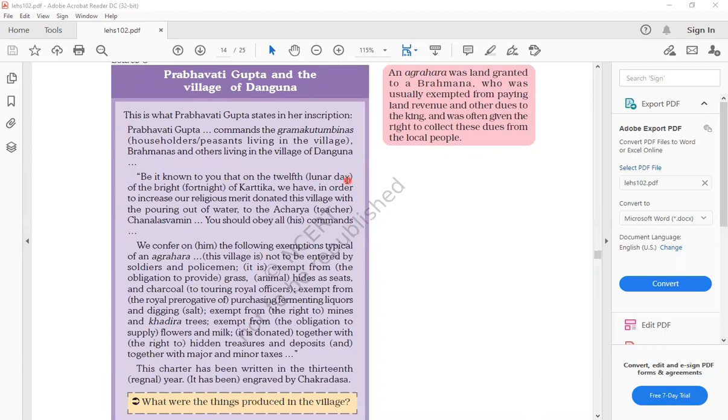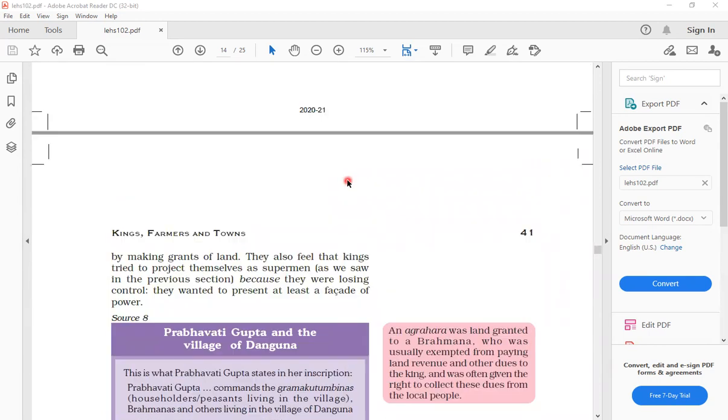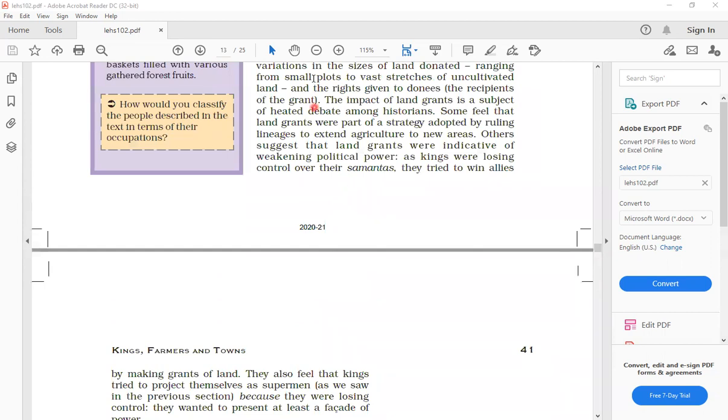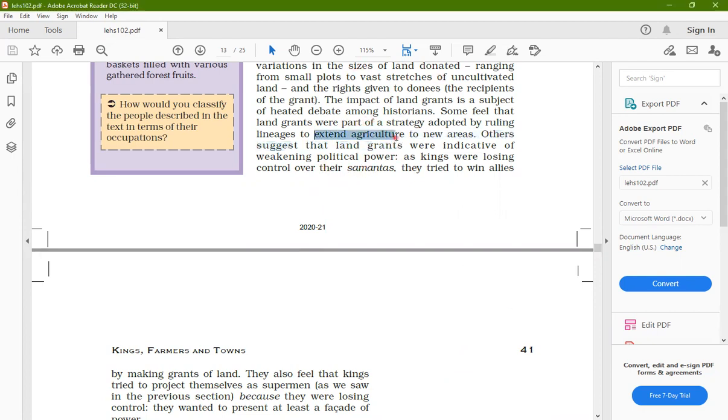Now, one more important question here is why land grants were necessary. The main point you may have here is that land grants were considered necessary for extending agriculture.